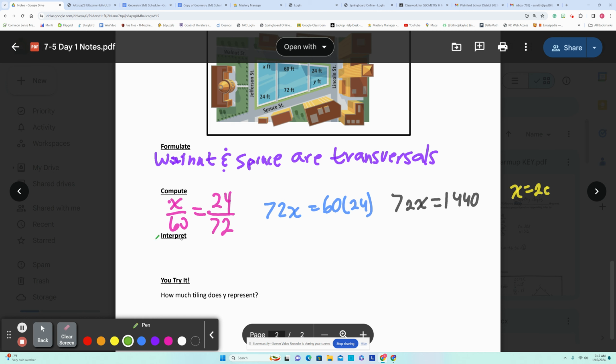So we need to interpret what's going on here. In this case, we're going to state that x represents 20 feet of tiling.